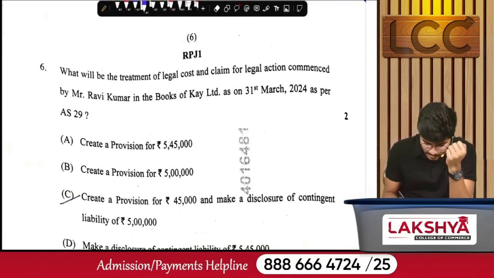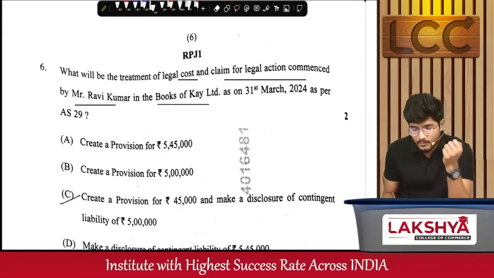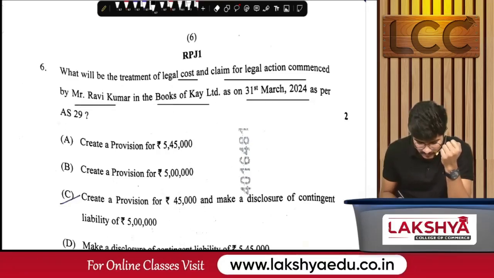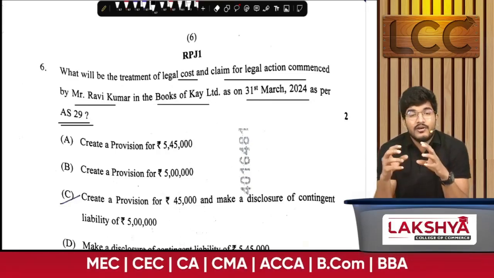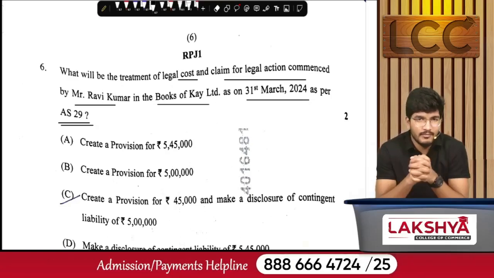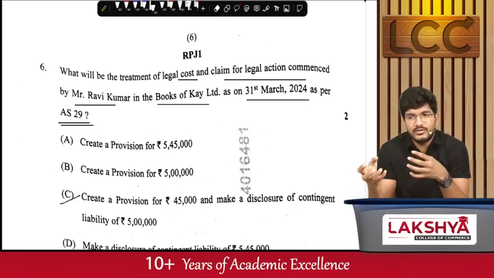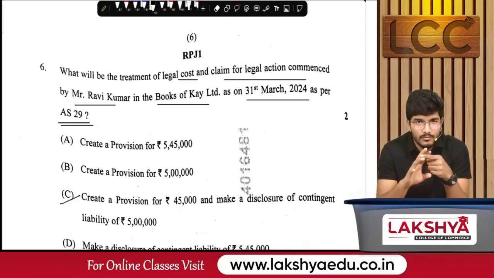Now MCQ 6. What will be the treatment of legal cost and claim for legal action by Mr. Ravi Kumar in the books of K Limited as on 31st March 24 as per AS 29? So first, the legal cost should definitely be incurred by the company because the case is ongoing, right? And 45,000 is compulsory, you definitely have to pay.